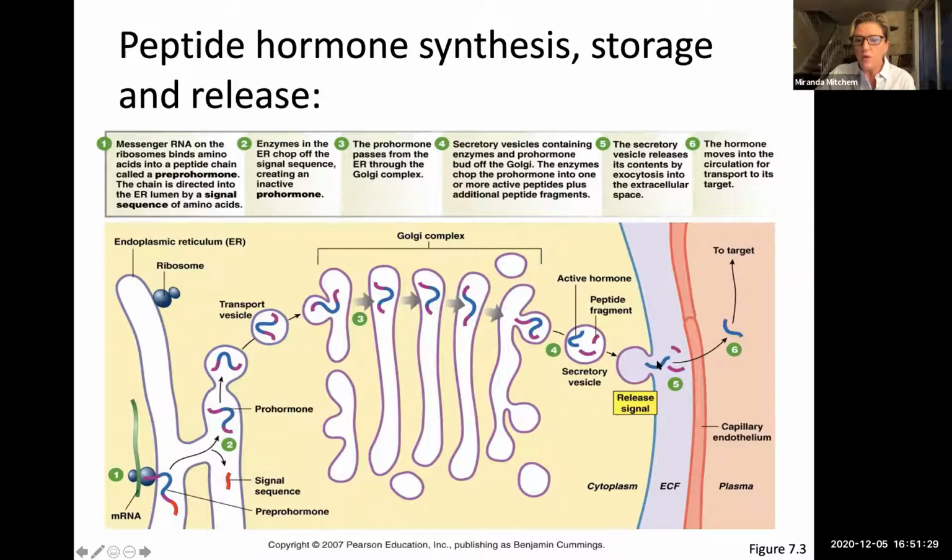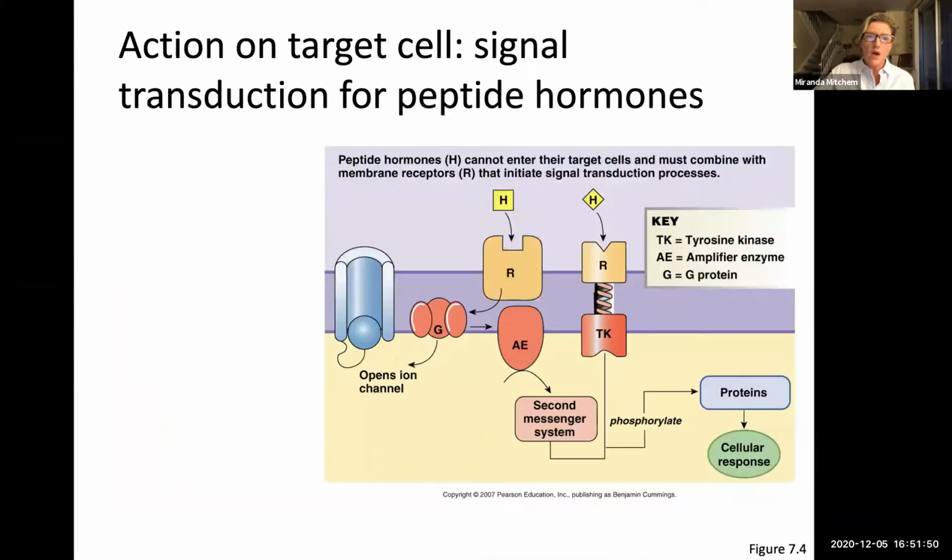And then the hormone travels across into the blood vessels and is transported through the bloodstream to the cell that has the right receptor. So our peptide protein hormones are going to bind extracellular receptors. Okay, so let's look at what happens once the hormone gets to the target cell.